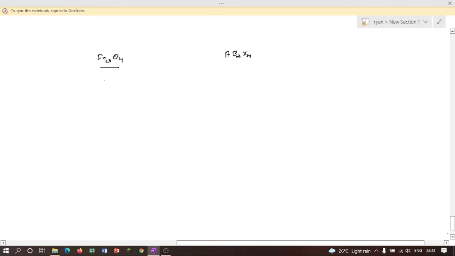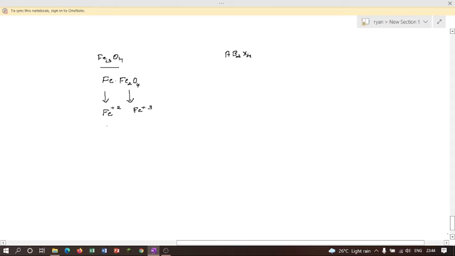Therefore, here I am going to convert this to Fe2O4. Here I am going to write Fe in the plus 2 oxidation state, and here Fe in the plus 3 oxidation state.